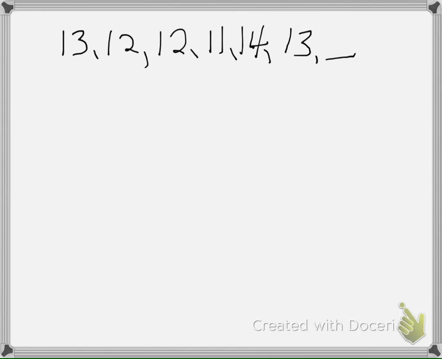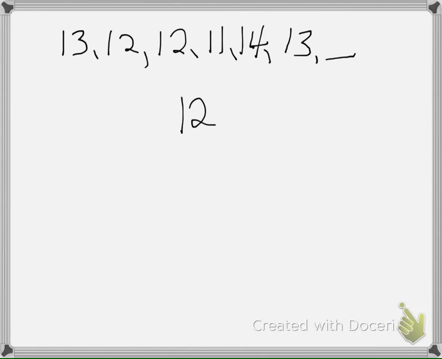So let's say that we want to know, if I have 6 people, and these are their ages, and I want the average age of this group to be 12. So we need to know what the last age would be, right? Now again, I could set it up as an equation. I could write 13 plus 12 plus 12 plus 11 plus 14 plus 13 plus n, and divide that by the 7 scores that there are.